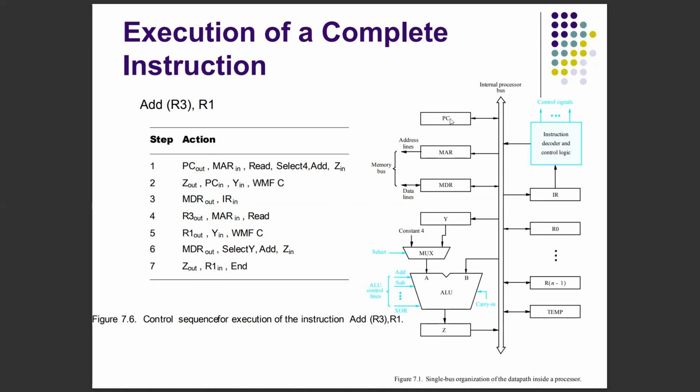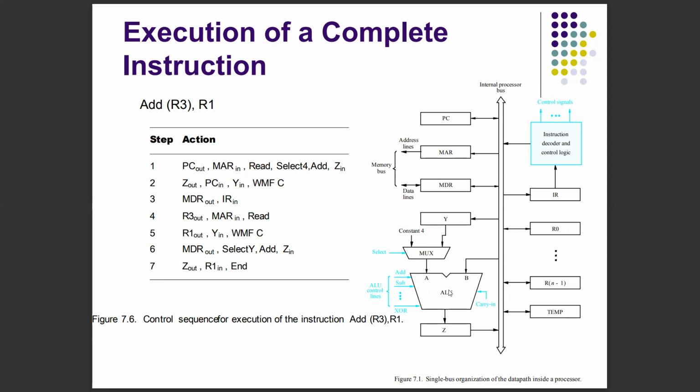First, as I told earlier, PC contains the address of the next executable instruction. So we bring the PC value onto the common bus. That is forwarded to the MAR. MAR initiates the read cycle. At the same time, we select the 4 in the multiplexer. This PC value is already available via the common bus into B. We add the current value of the PC with the value 4 via the MUX.